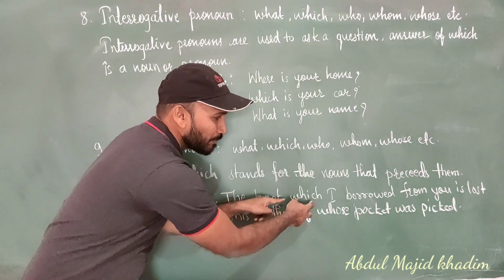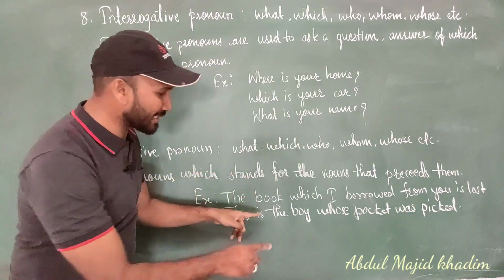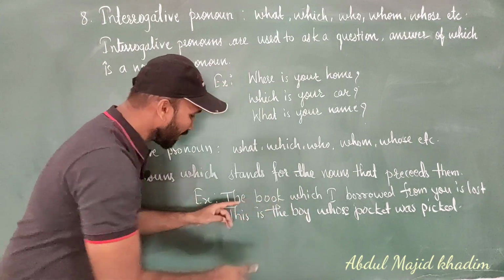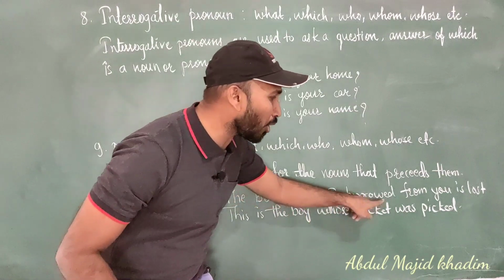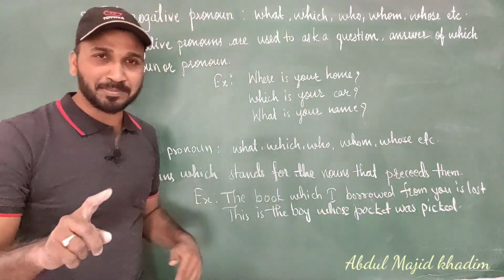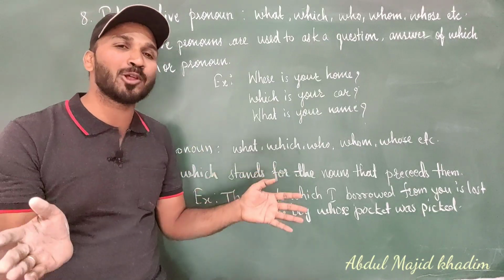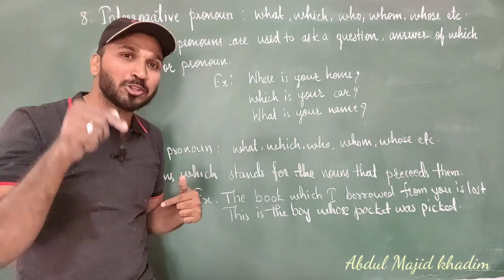Pronouns which stand, it is standing for this book. So the example: the book which I borrowed from you is lost, means the book which I have taken from you or borrowed from you has been lost. अभी मेरे पास नहीं है, गुम गया वो बुक गुम गया जो मैंने तुम्हारे पास से लिया था.